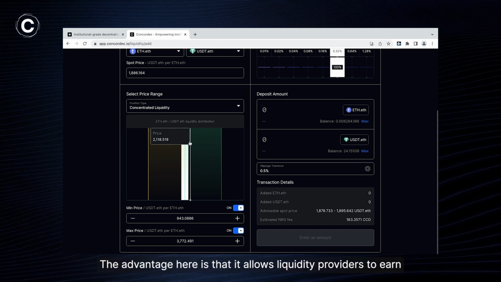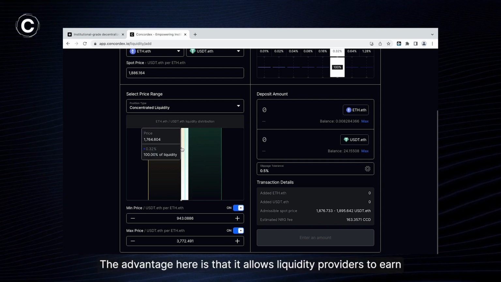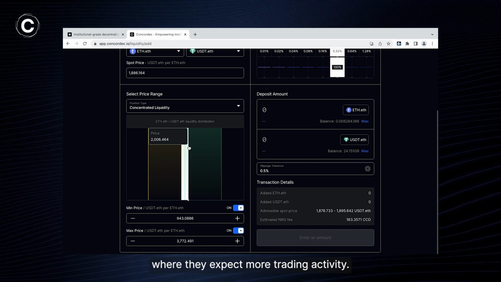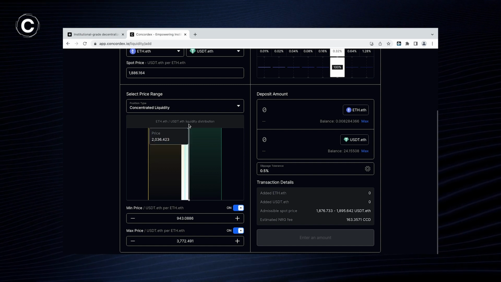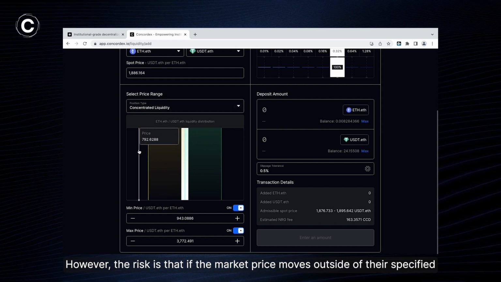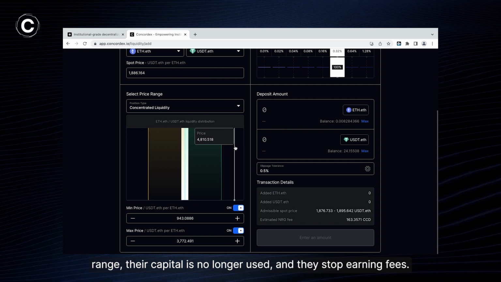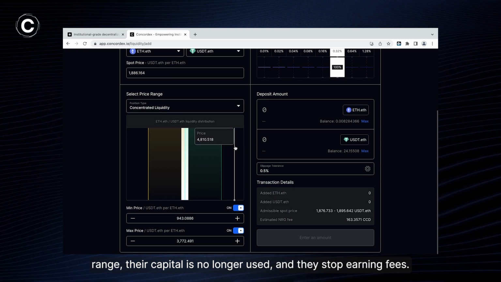The advantage here is that it allows liquidity providers to earn higher fees by allocating their capital to price ranges where they expect more trading activity. However, the risk is that if the market price moves outside of their specified range, their capital is no longer used, and they stop earning fees.